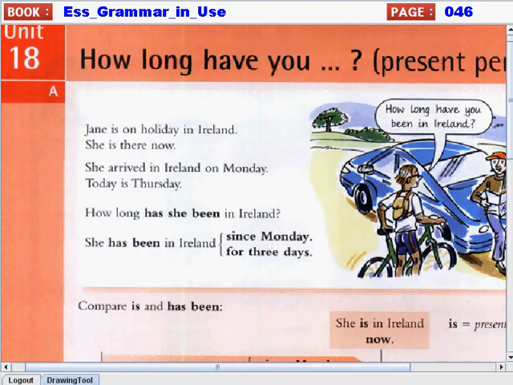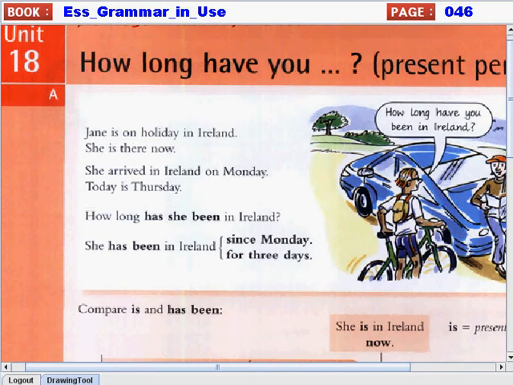Alright students, I hope you're doing just fine today and you're happy. Now before we go on and answer some activities, I'd like to lead you into something that will refresh your memory about our previous discussions. If you remember, we just finished Unit 18 of this book.